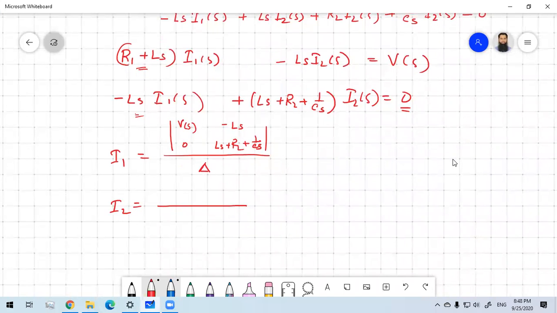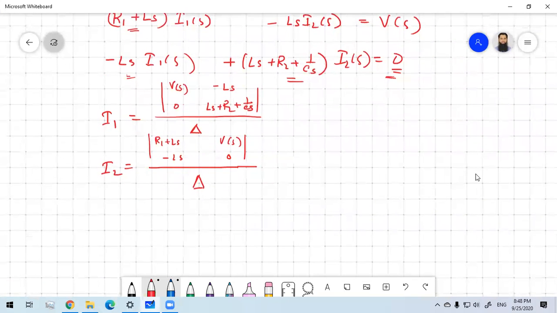Similarly, if you want to find I2, then you have to replace this column by this column. So basically, what you have now is R1 plus Ls, divided by minus Ls, then you have V(s), then you have 0, then you have the determinant. So this will give you I1 and I2. Now, which one do I need? We want our output to be VC(s).